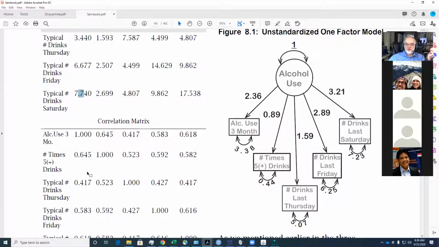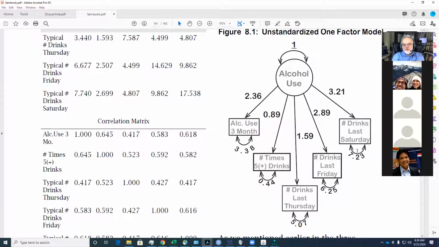In this diagram, let's count. I have 1, 2, 3, 4, 5, 6, 7, 8, 9, 10 parameters. So I have fewer parameters in this model than I have unique elements of the variance covariance matrix. In order to be useful, a scientific model must be a lie.